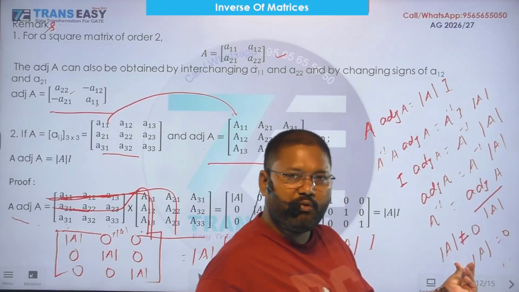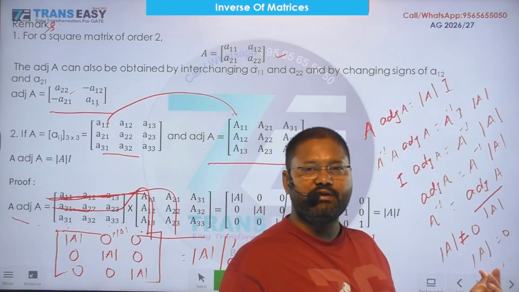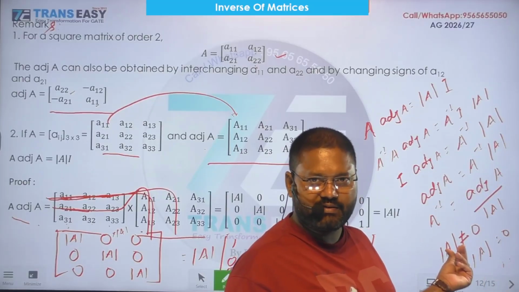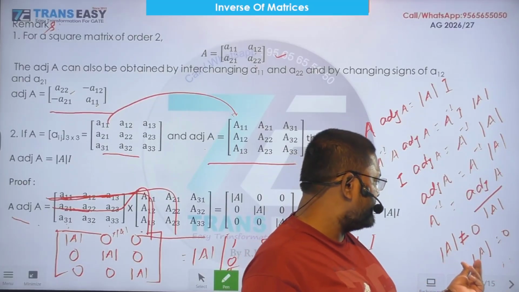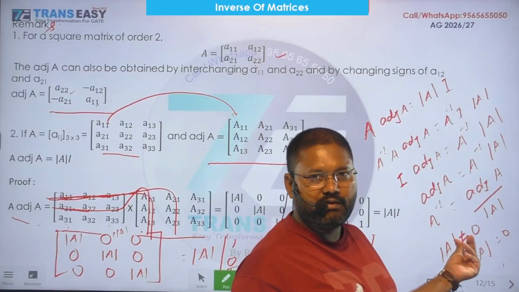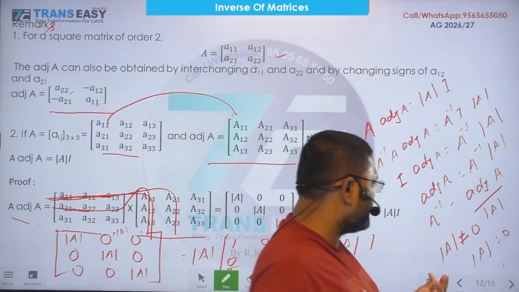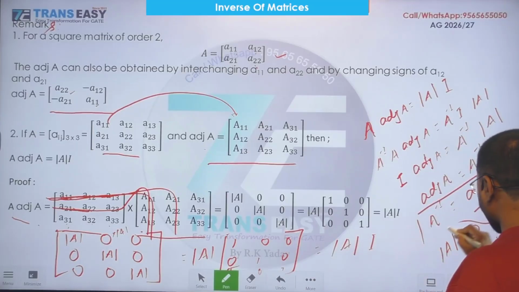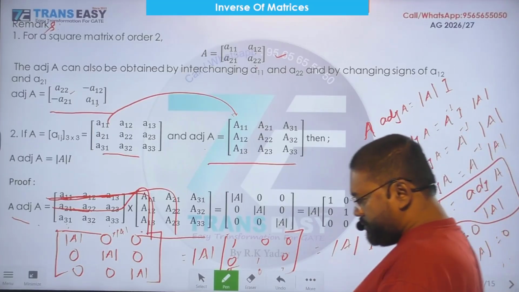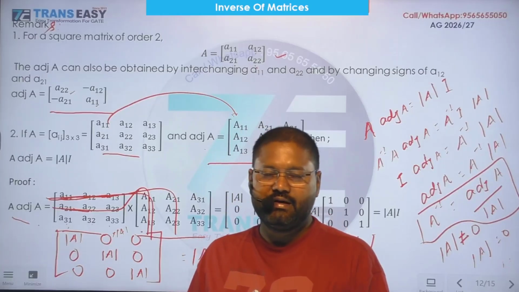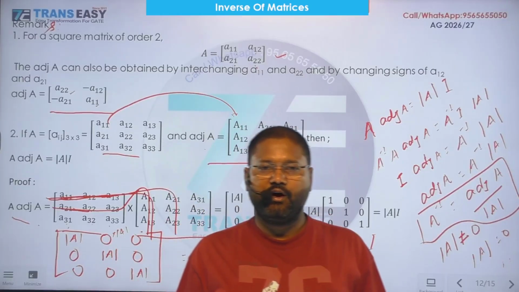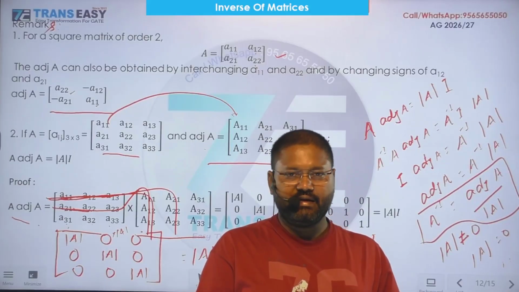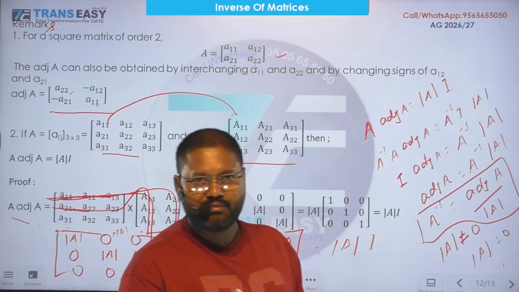For singular matrix, we are not able to define A inverse. A inverse is only defined for non-singular square matrix, right? So this is the formula to find inverse of matrix A.